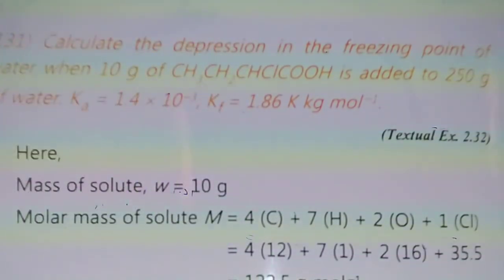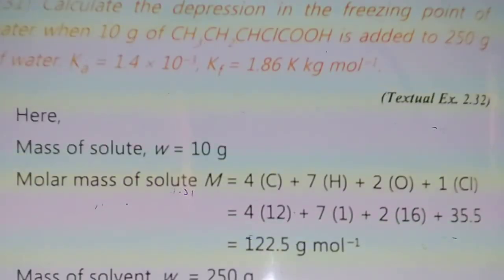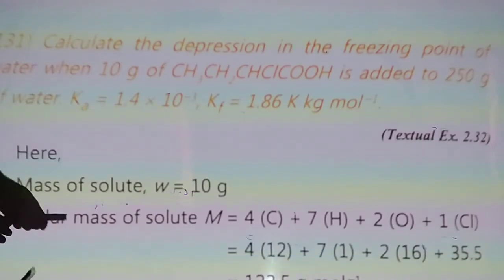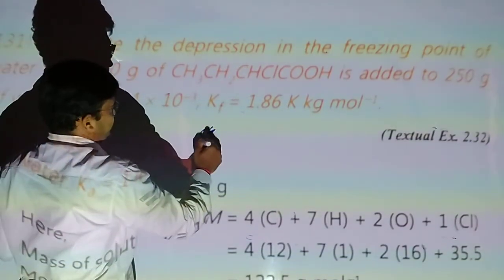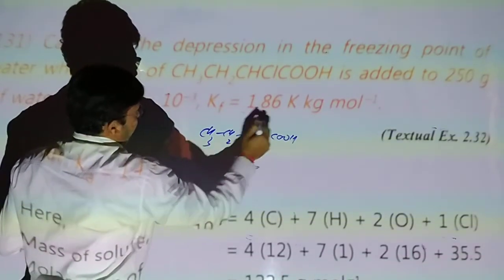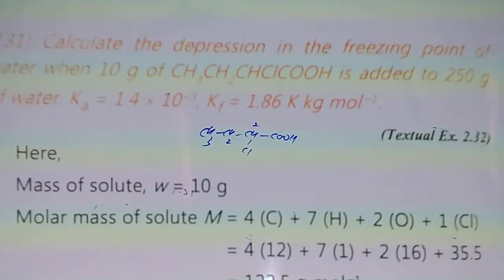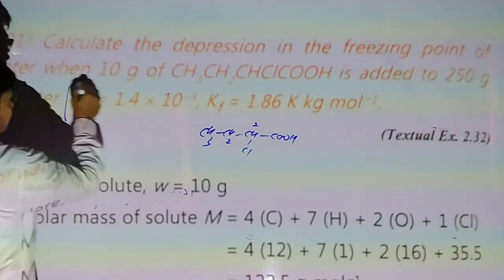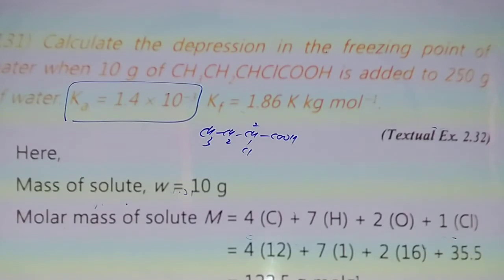Calculate the depression in freezing point of water when 10 gram of 2-chloro-butanoic acid is added to 250 gram of water. Ka, the dissociation constant, is given. Kf is given. We have to find the depression in freezing point of the water.